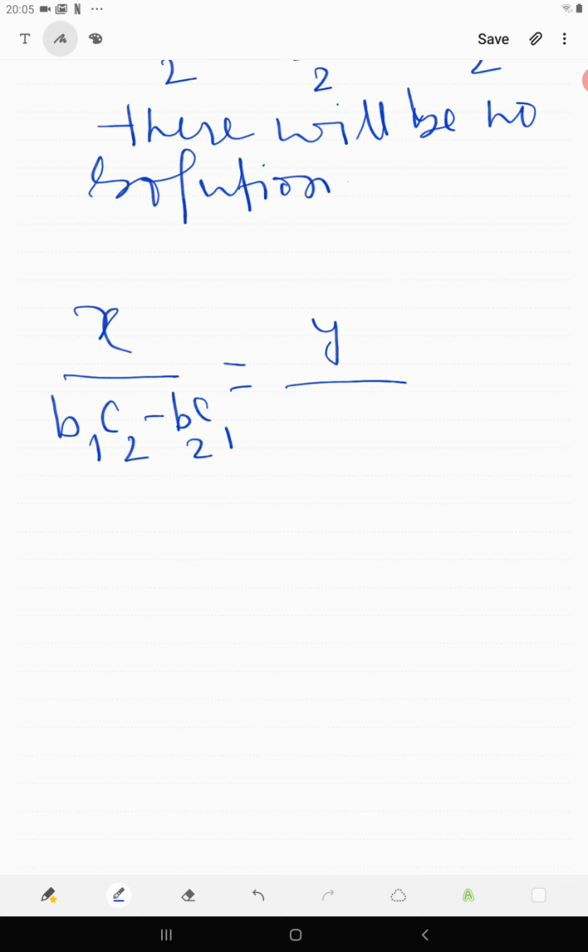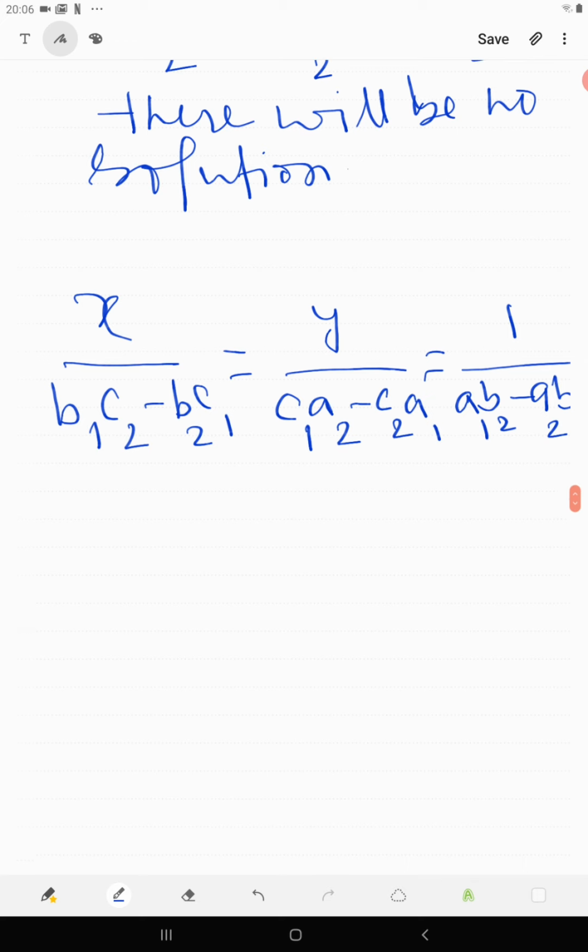Then y divided by c1 a2 minus c2 a1 equals 1 divided by a1 b2 minus a2 b1. Here I don't have space, so I am writing a2 b1 over here. So it is a1 b2 minus a2 b1.